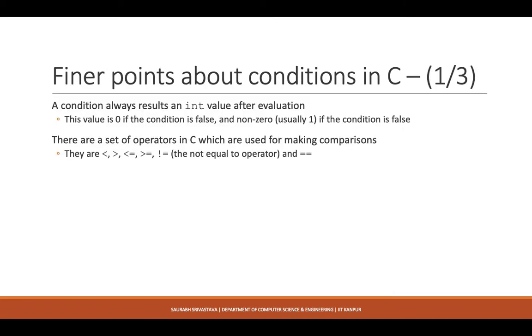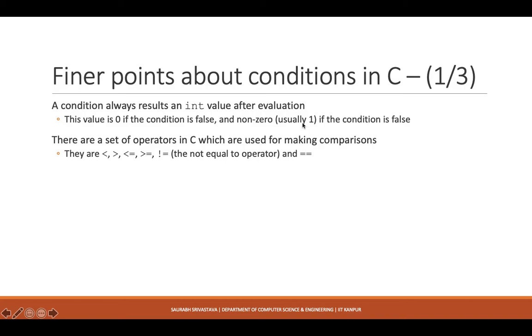Okay, so there are some finer points about conditions in C that you should know. First of all, whenever you evaluate a particular condition in C, the result is actually an int value. It is actually an integer, and if the value is 0, it means that the condition was false, and if there is anything other than 0, it is considered as true. This is a kind of convention in C: 0 means false, any non-zero integer means true.